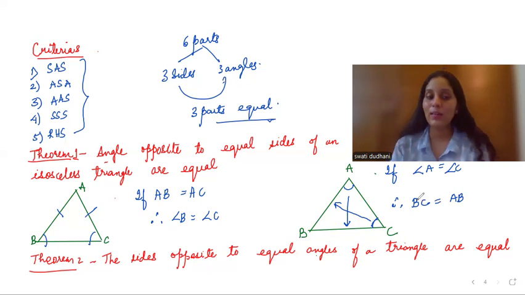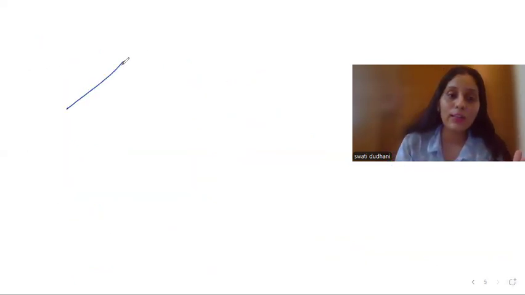I hope this is clear. So if two sides are equal, their opposite angles will be equal, or vice versa: if two angles are equal, their opposite sides will be equal. Now let me again clearly explain what the opposite sides and angles are. Let's say we have triangle ABC and these two angles are equal. What are the opposite sides?